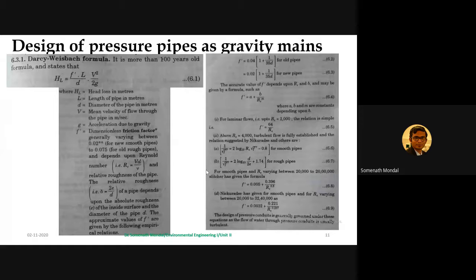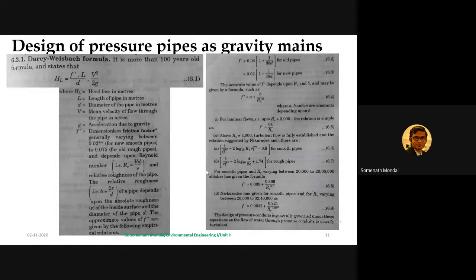The accurate value of f dash depends upon, as I mentioned before, the Reynolds number and the delta, that is the relative roughness, right? Relative roughness basically depends upon absolute roughness. So these are the two important factors we will be considering, and the formula given over here is f dash equals a plus b by Re to the power m, where a, b, and m are constants.